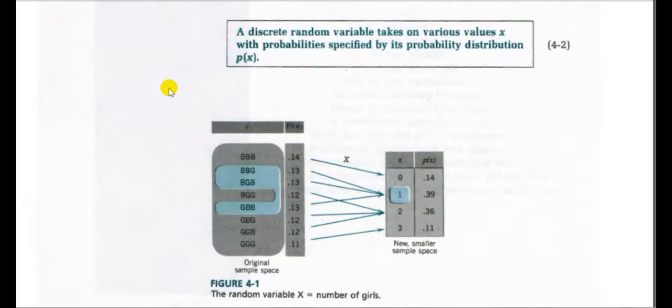So here it is. This is the sample space, and these are the probabilities for each of them. Now he's using, by the way, a probability for a girl that is lower than the probability for a boy. So the probability for 3 boys is higher than the probability for 3 girls.